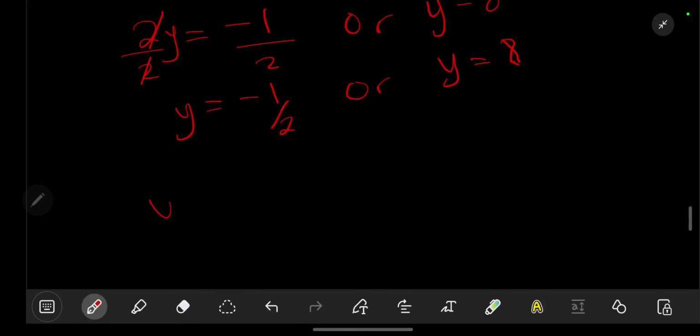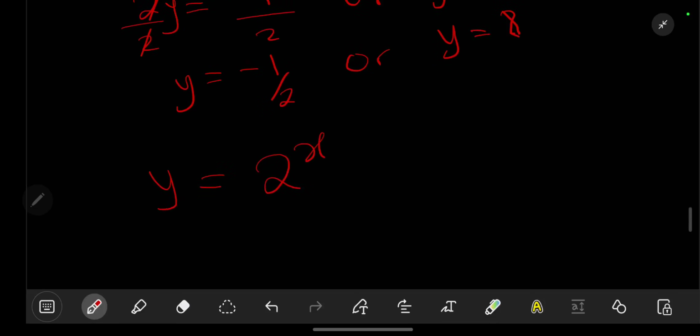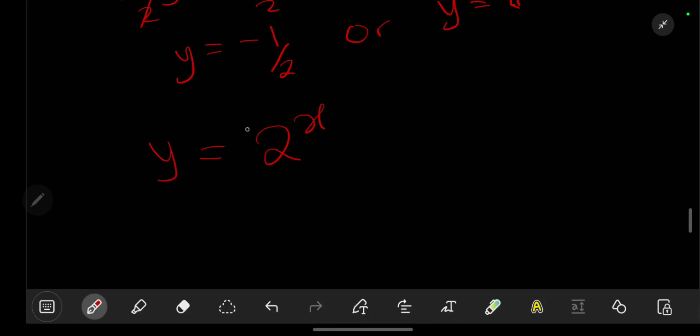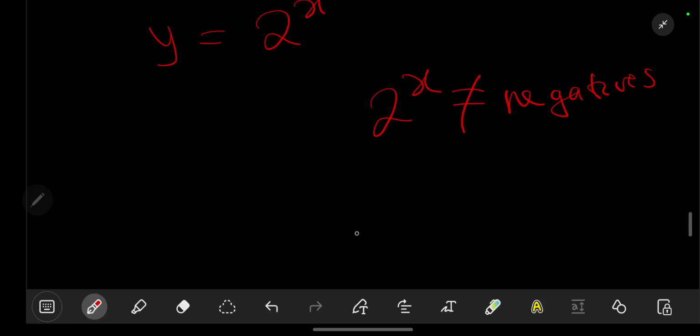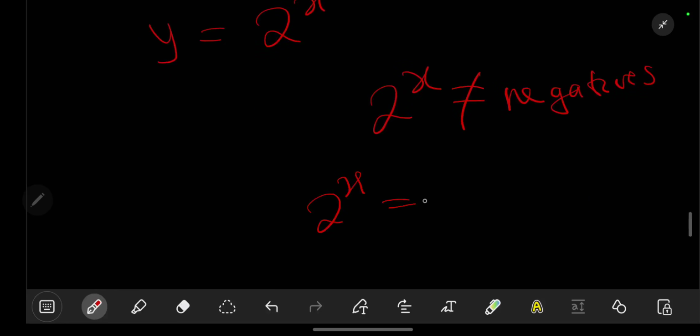Now remember, y is equal to 2 to the power x. This 2 to the power x can never be equal to any negative number. That is one thing that you must know. If it is equal to a negative, you can't solve it. Like, for example, if you have 2 to the power x is equal to negative 2, there's no number which you can put as the power of x that can be equal to a negative.